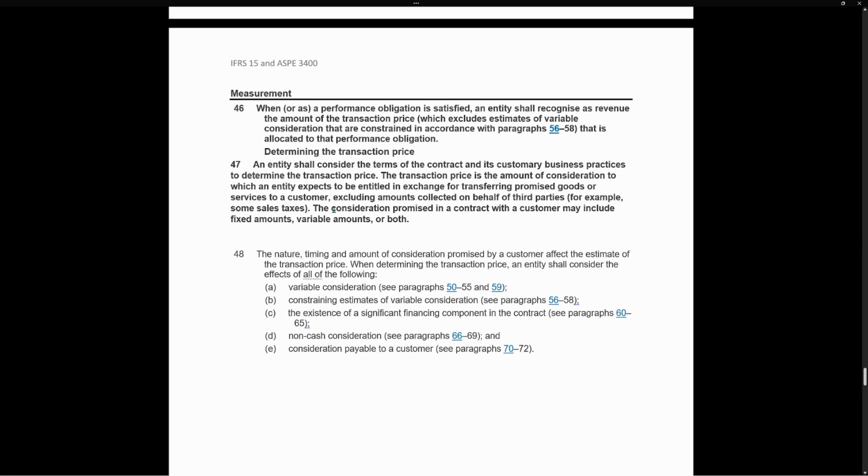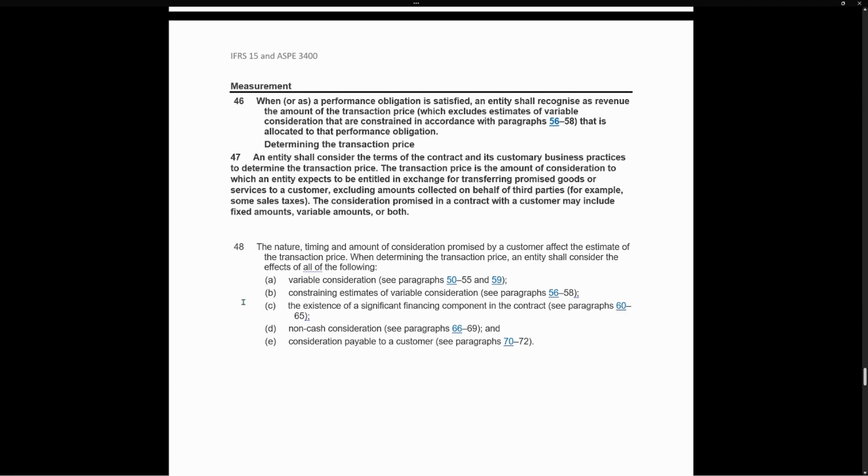And then the consideration promised in the contract with the customer may include a fixed amount, variable, or both. This part is not that tricky, which is talking about the transaction price, but just in case, you should know what amounts can be included in this transaction price.